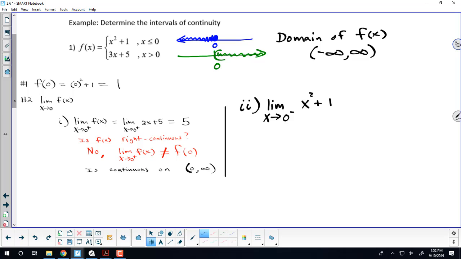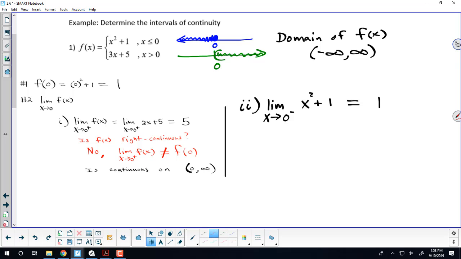And the limit as x approaches 0 from the left of x squared plus 1 is what? 1. So is that limit the same thing as the function value at 0? Yes. So since the limit is the function value, what does that mean? It's continuous from the left.